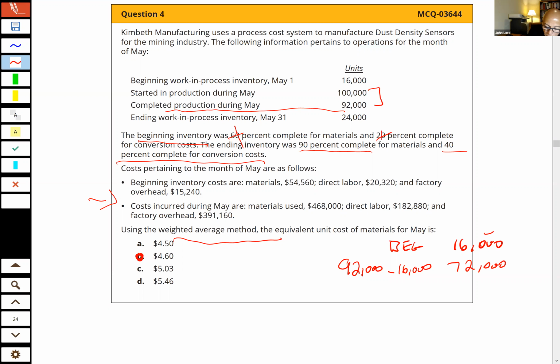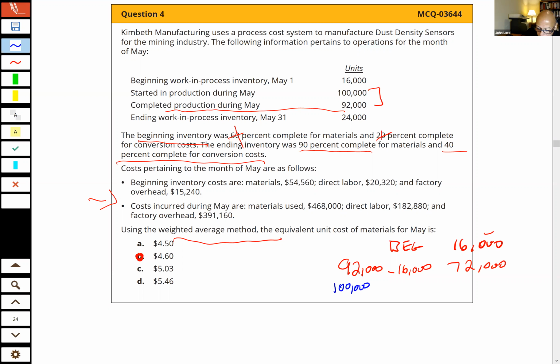The other way of doing this, and this is why I can't give you a flashcard, because I don't know exactly how the problem is going to give you the information. There's a couple of different ways of using the information that's here. You could have said, well, look, they started 100,000.